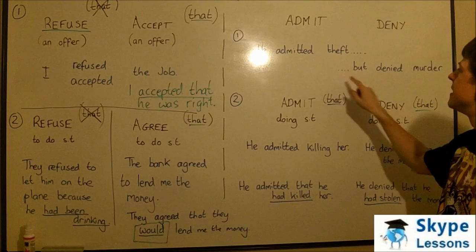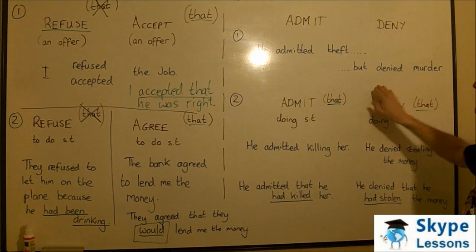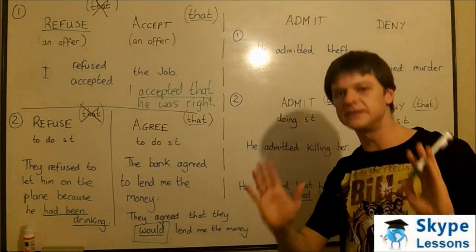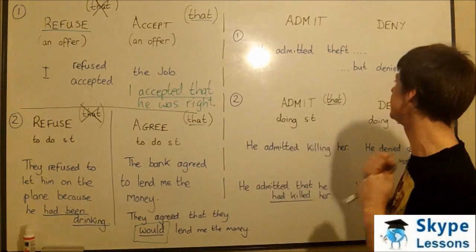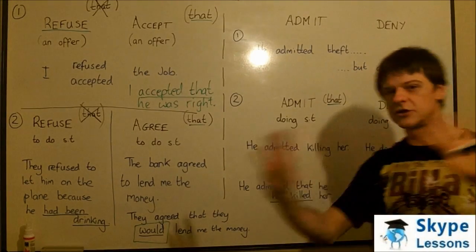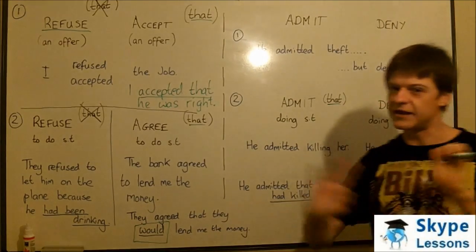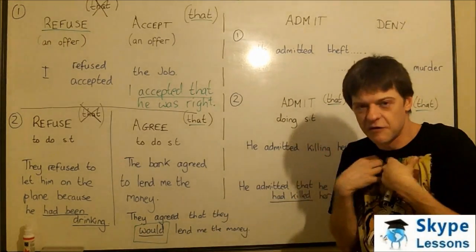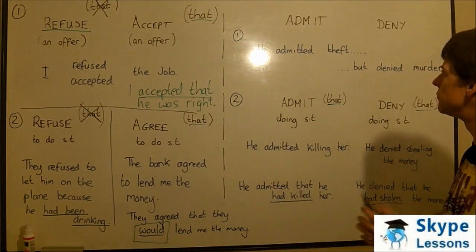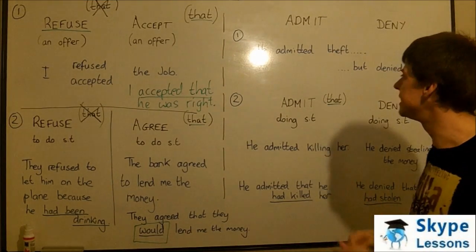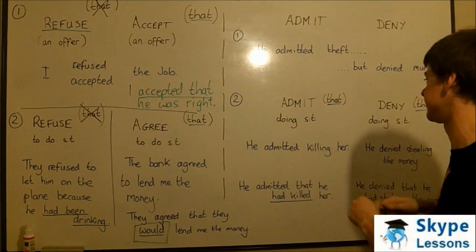So he admitted theft, but he denied murder. This means that he said, yes, I was guilty of theft, I stole something, but I didn't commit the crime of murder, it wasn't me. So deny is when you say, it wasn't me, it wasn't my fault, I'm not guilty. Deny is very useful, and admit is very useful, especially concerning legal and criminal problems.